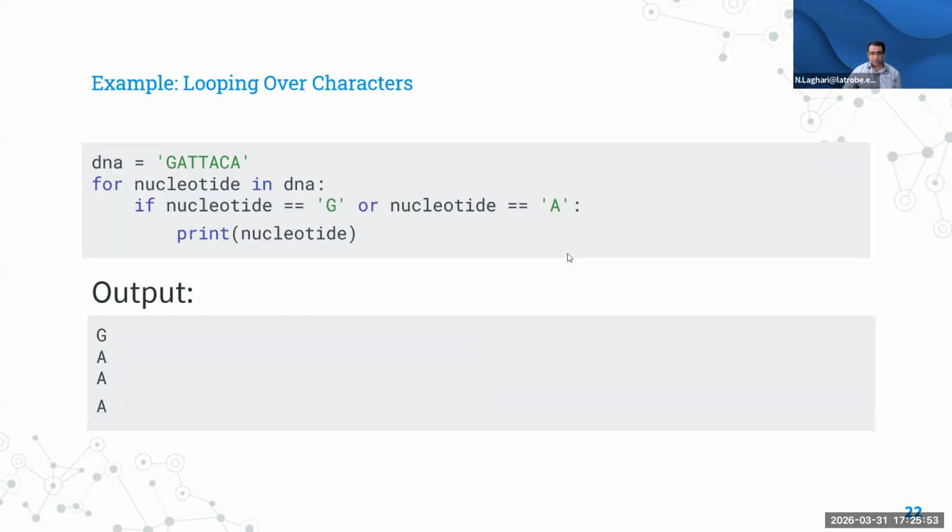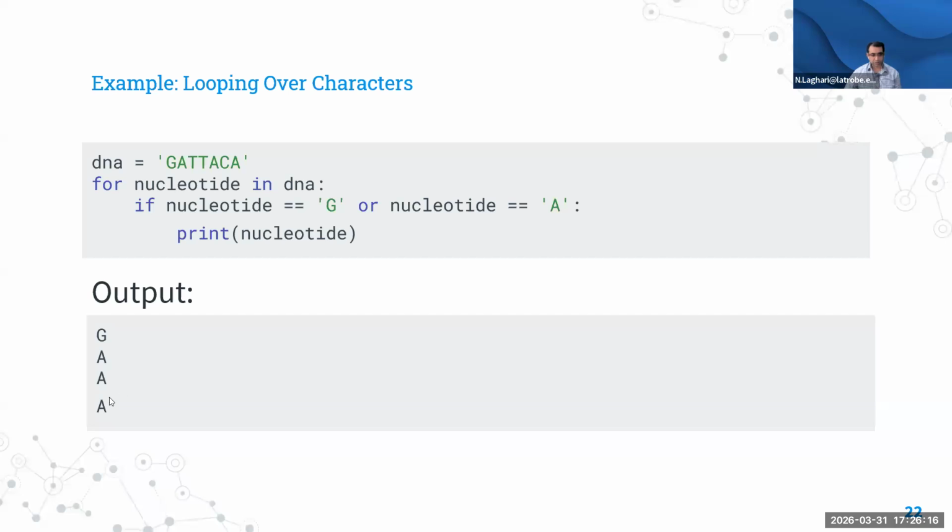Okay, so looping over, let's see some examples. So we have a string DNA. It has got a gotcha or some word. And we say for nucleotide in DNA, if nucleotide is G or nucleotide is A, print.